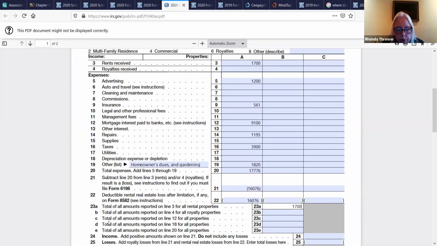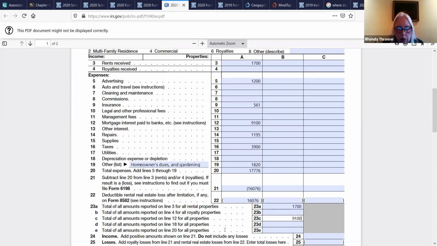23C, total amounts reported on line 12 for all properties, and that was 9,100. So that comes from line 12 here. I just put it down here again.